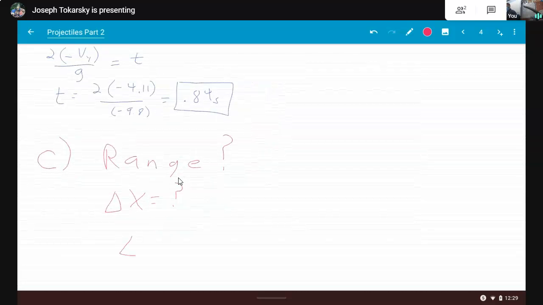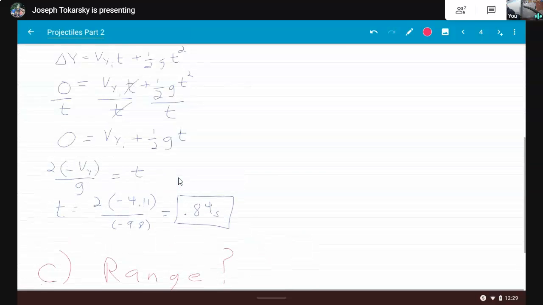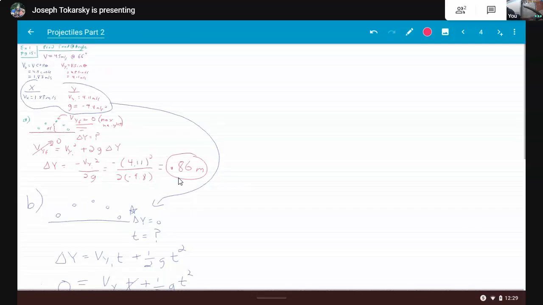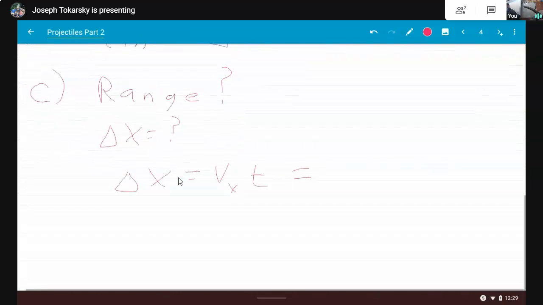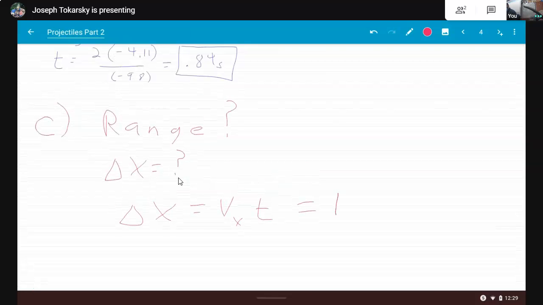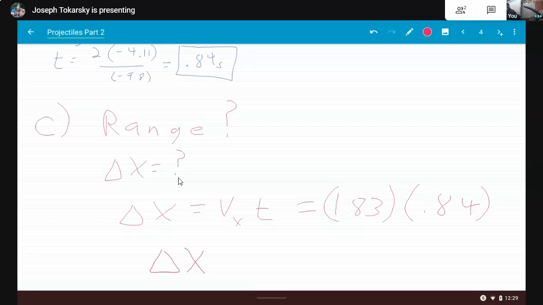We have everything, we just got to put it together. What's the only equation we have for that? Vx times what? T. We have both of those things already, right? We just got to go back and find them. Vx, what was it? Way back here. 1.83. And now we use the total time, which we already found in part B. 1.83 times 0.84 will find out how far it went from beginning to end horizontally when fired at this angle.